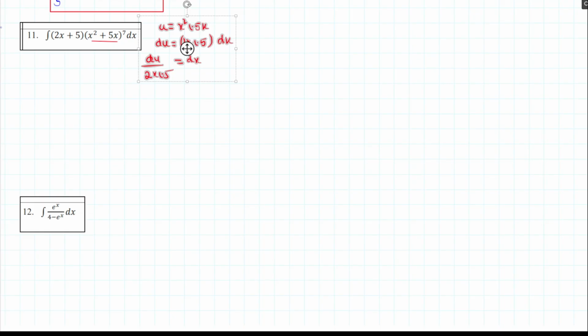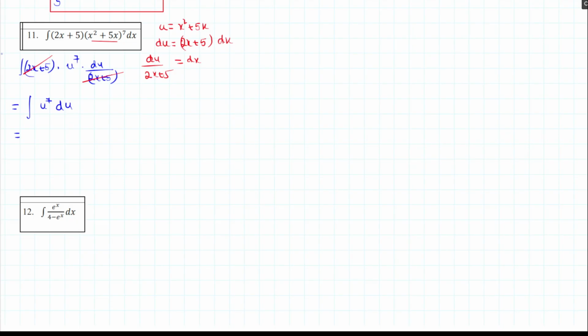So this integral becomes the integral of (2x plus 5) times (x squared plus 5x is u) to the power 7, and dx equals du over 2x plus 5. Here the 2x plus 5 and 2x plus 5 get cancelled. So this becomes the integral of u to the power 7 du.